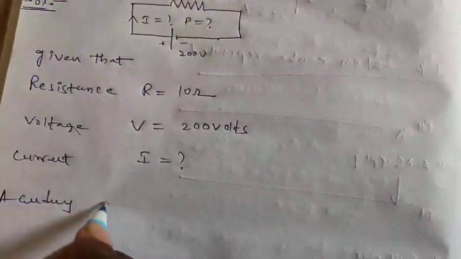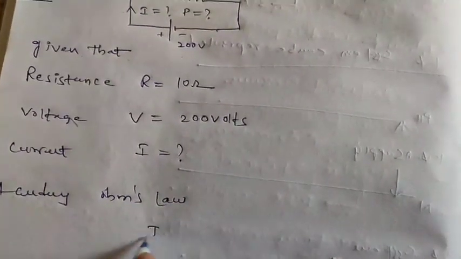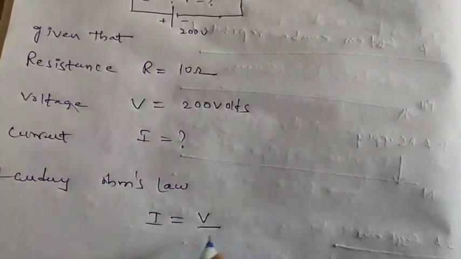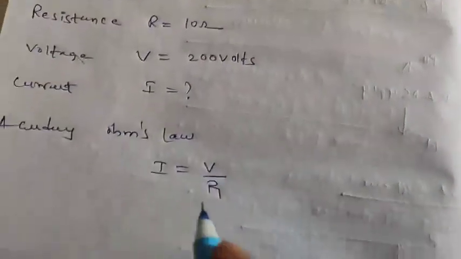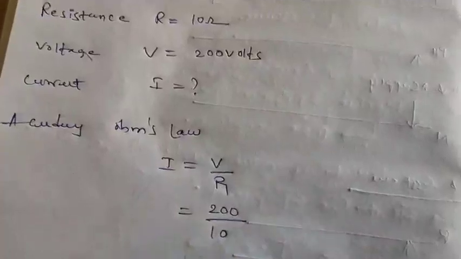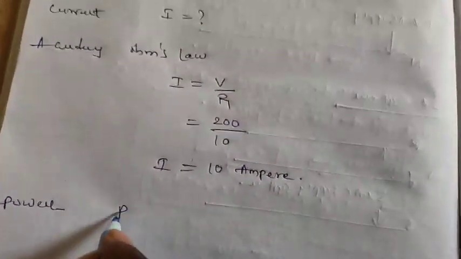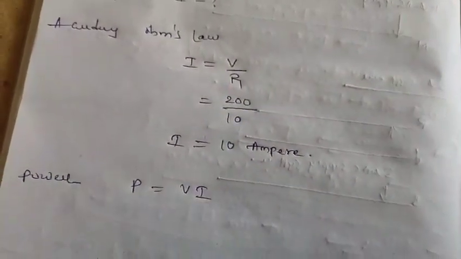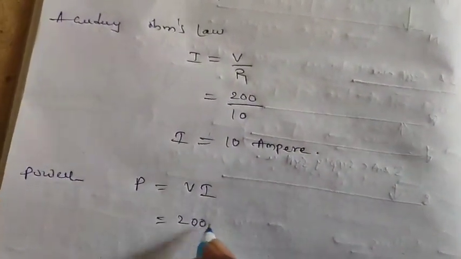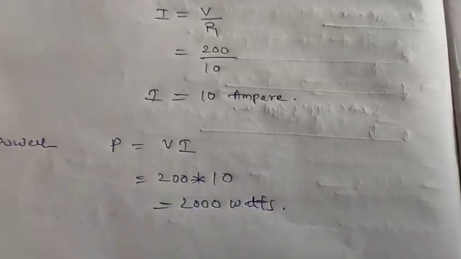According to Ohm's law, I equals V by R, which is 200 divided by 10, equal to 10. The unit is ampere. Power P equals VI, which is 200 times 10, equal to 2000 watts.